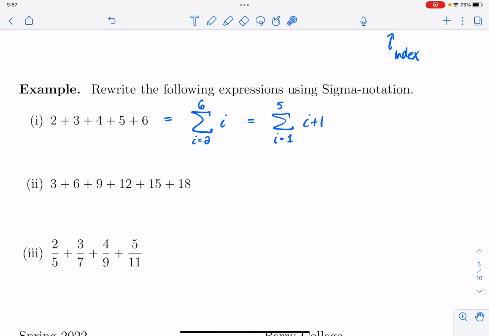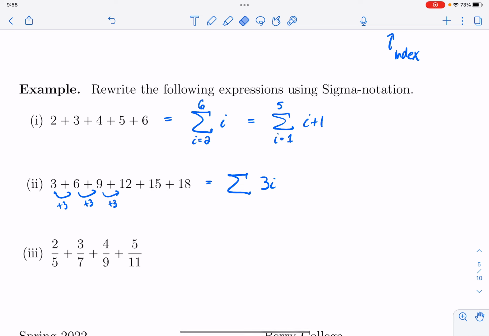For example, here we have an arithmetic progression. So it's 3, 6, 9, 12, 15, 18. And so the observation we can make here is that I'm adding 3 every time. So this is going to be the sum of numbers, where in particular, since I'm adding 3 every time, I'm going to have this rule be something like 3i, and then we'll see what happens.